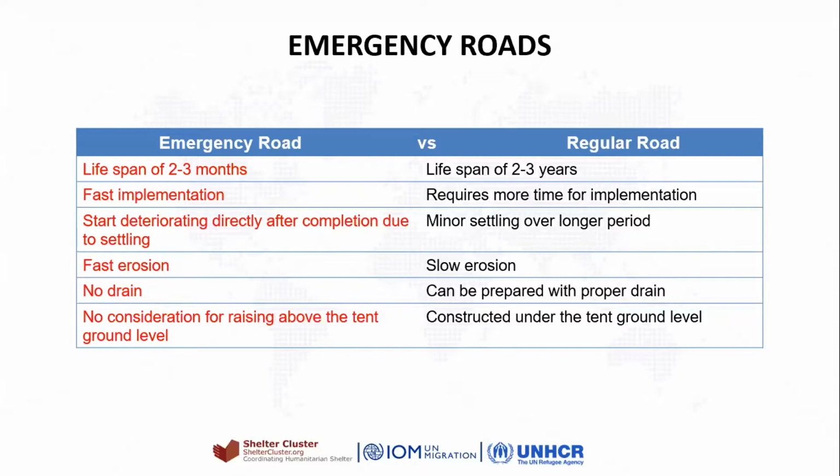Once we have a road which is very lightly compacted, it doesn't have all the necessary elements to protect it, like drainage or any topographical or hydrological survey. It's just a road we want to go through. So if we can do a small drainage on both sides to protect it, it might last a little bit longer. The 2-3 months can be 6 months, depending on the situation.